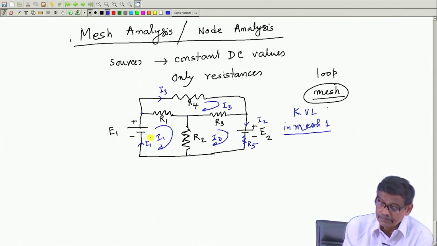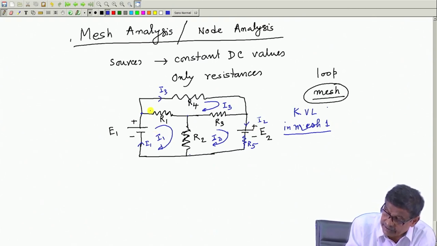Now, while writing KVL, I know this current here in this R 1 branch is I 1 minus I 3, and this drop will be R 1 into I 1 minus I 3, is it not?